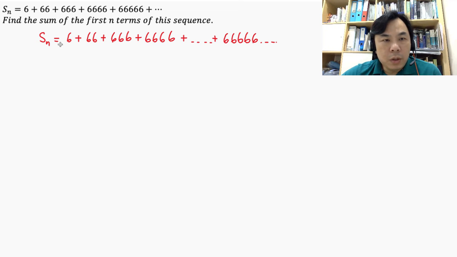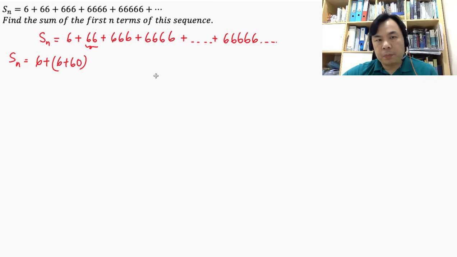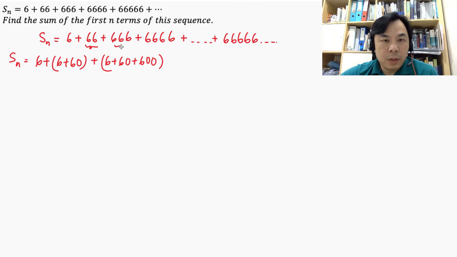And then we also notice that this summation here can be written as 6 here. We can also write this as 6 plus 60 for the second term. Now we can see that there is a pattern that we can work with by applying the divide and conquer strategy here. And then we have this term, and after that I'm going to do that for the next one.